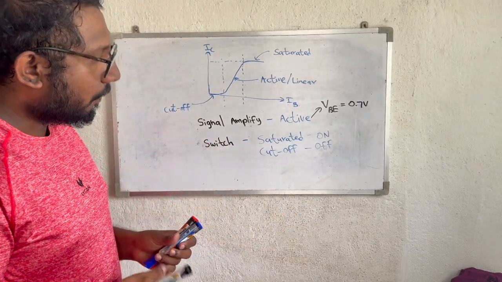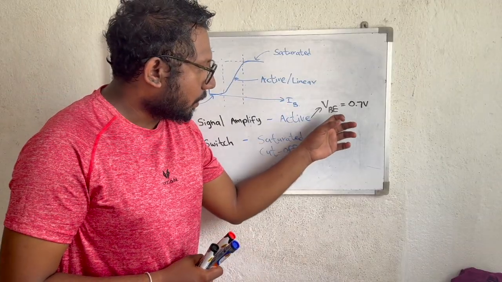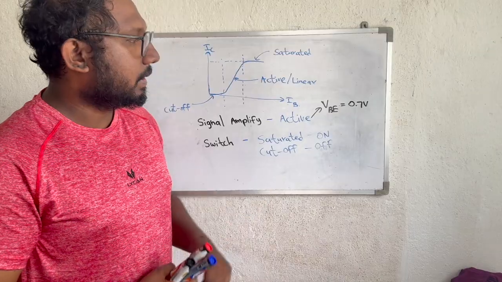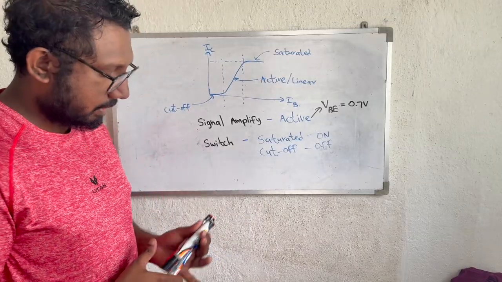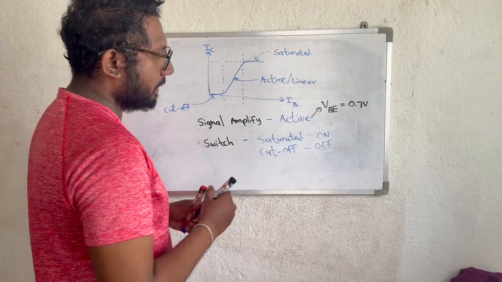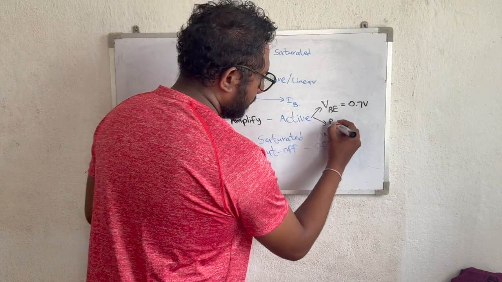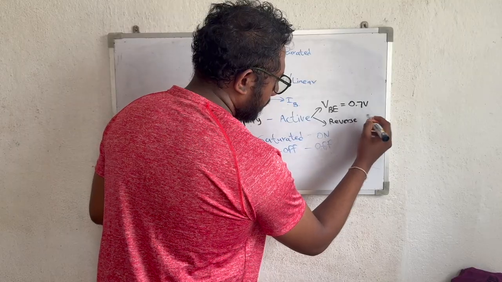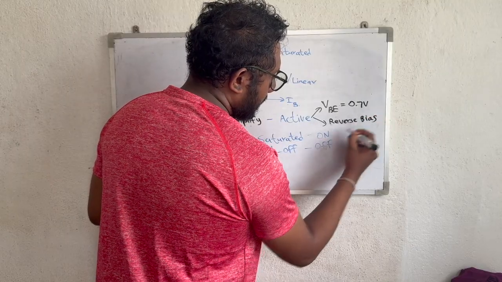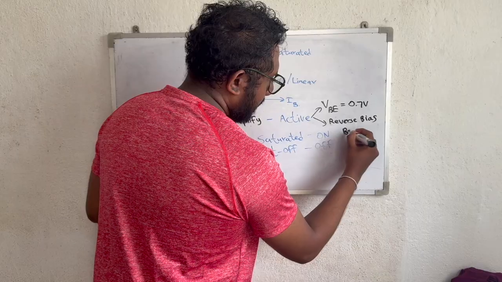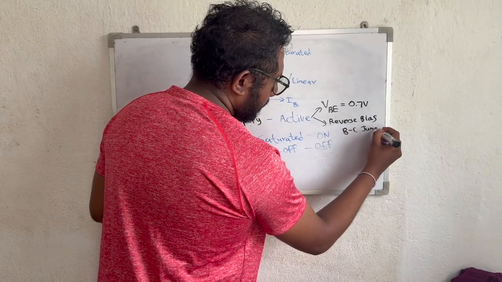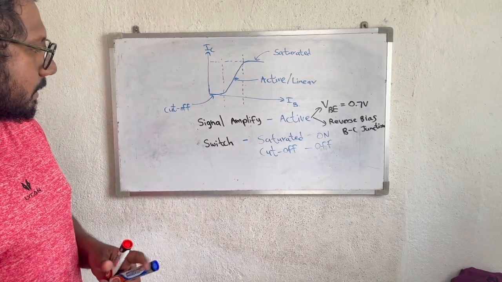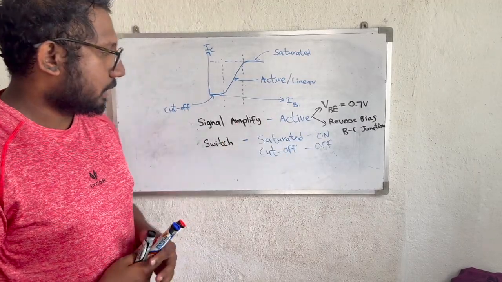So we have to forward bias the base-emitter junction by giving 0.7 volts, and reverse bias the BC junction. This is how we can bias the transistor into the active region.